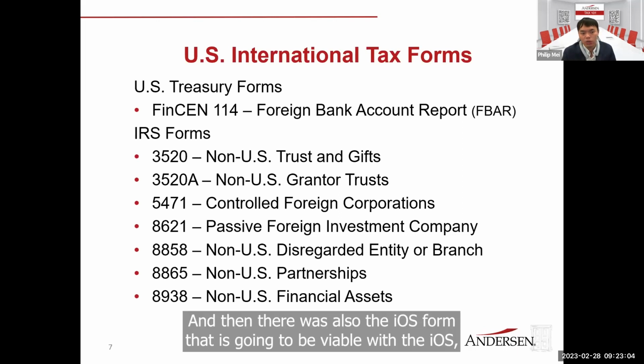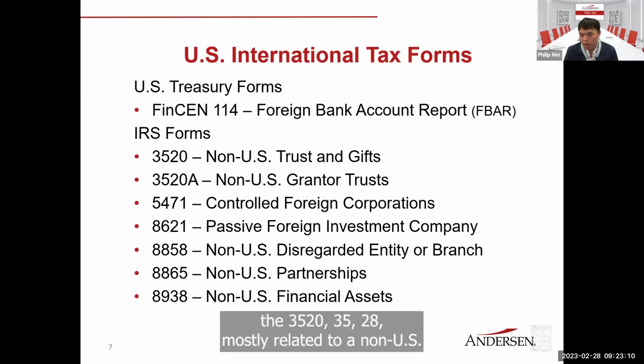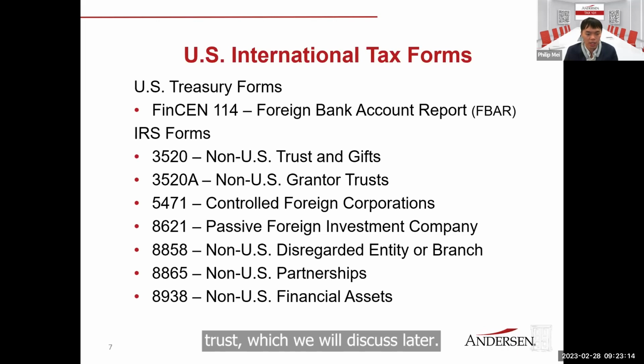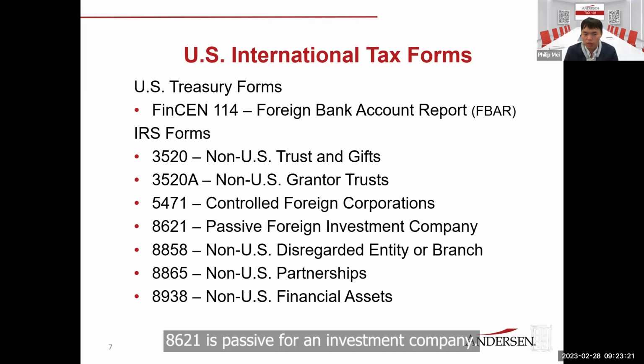And then there are other IRS forms that are fileable with the IRS. The 3520 and 3520A are mostly related to a non-US trust, which we will discuss later. The 5471 is related to a controlled foreign corporation, and 8621 is for a passive foreign investment company.